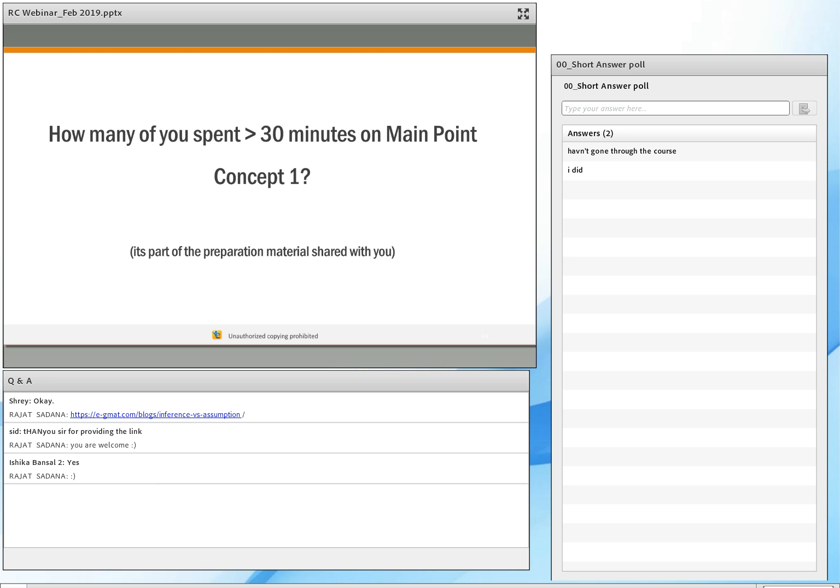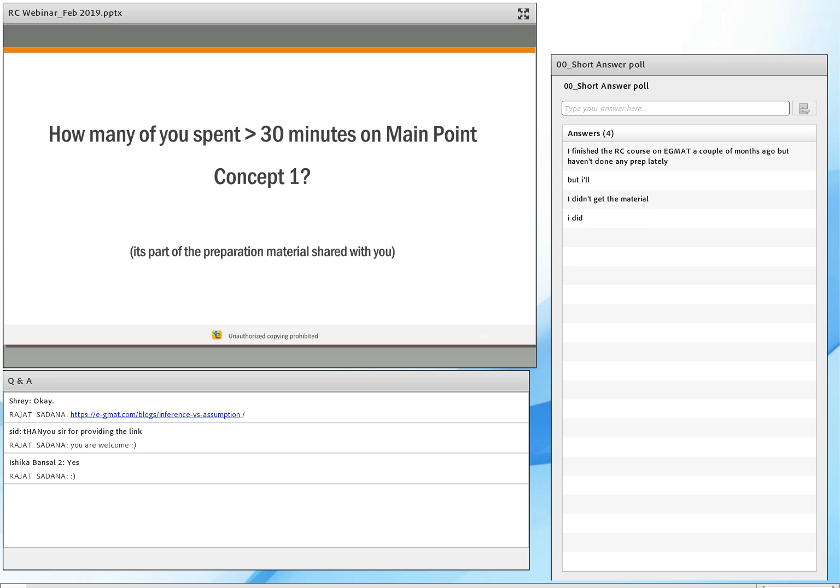If you've not gone through the main point concept, spend more time. The thing that you're going to realize, and we've seen this statistically, is that people who invest that time early on building that foundation find it so much easier to improve towards the end.